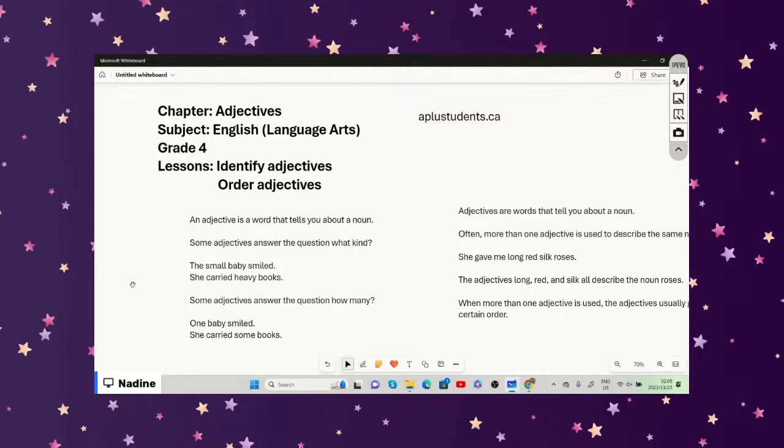We can say that an adjective tells us about the noun, or it describes a noun, or we can say that an adjective modifies a noun. But it's basically the word that tells us more about the noun. And when an adjective tells us about the noun, it answers the question, what kind? And it answers the question, how many?